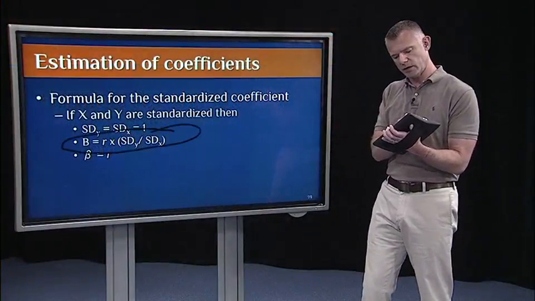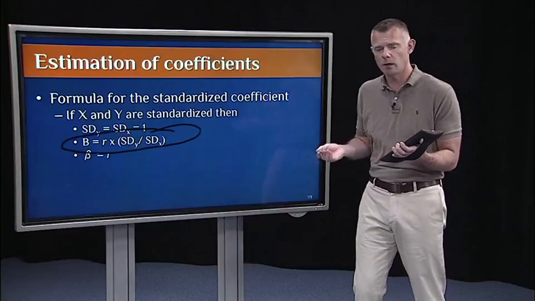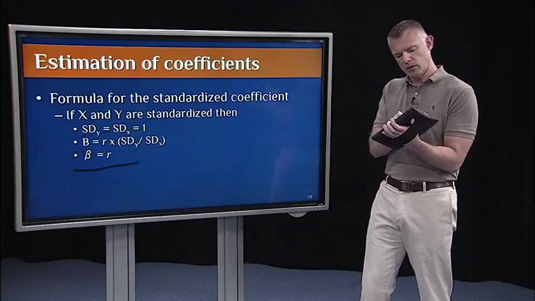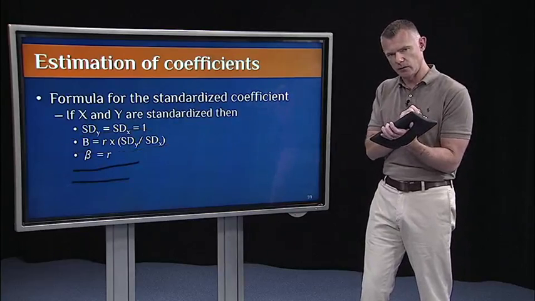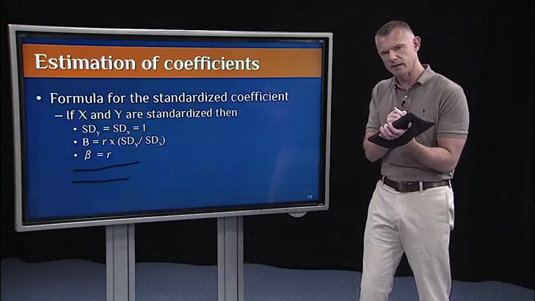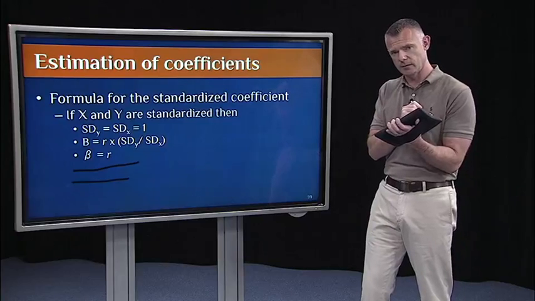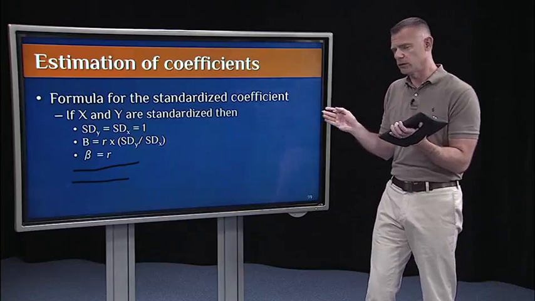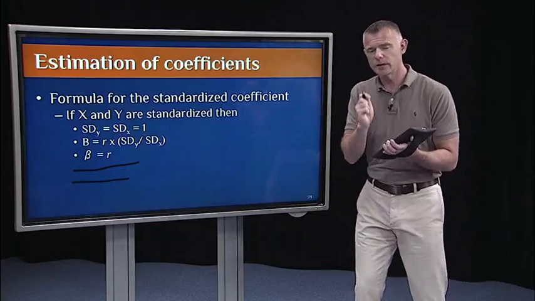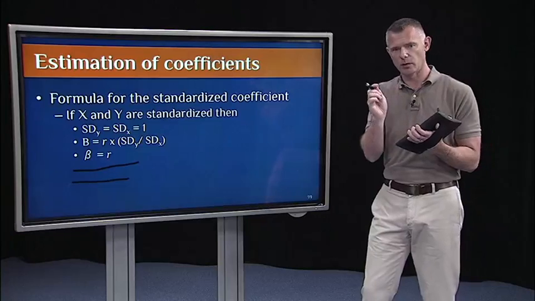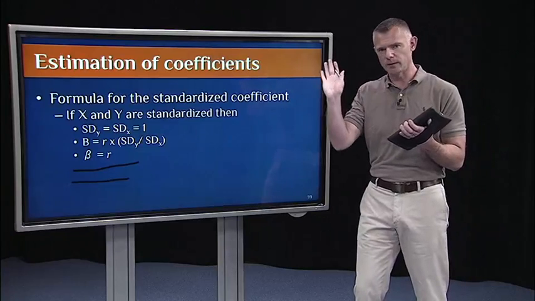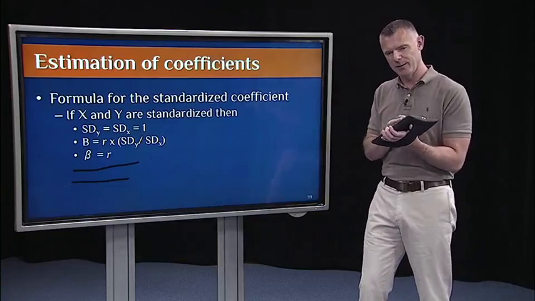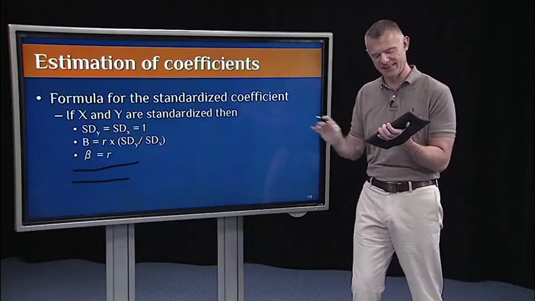It's just the correlation coefficient times 1 over 1, so it's just the correlation coefficient. So the standardized regression coefficient, and I'll use beta to signify the standardized regression coefficient, is equal to the correlation coefficient. Now that's only true in simple regression with just one predictor. Next week, all bets are off. When we get into multiple regression, it gets much more complicated. But for now, let's enjoy the simplicity.